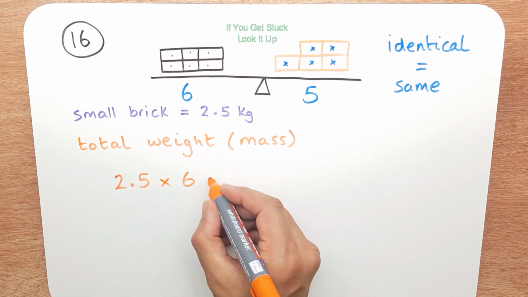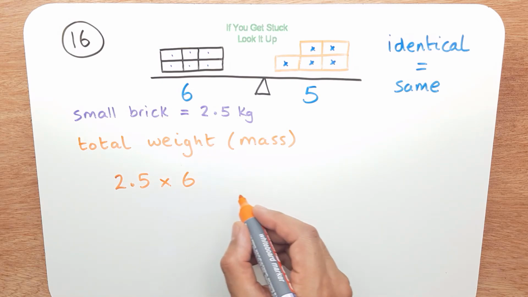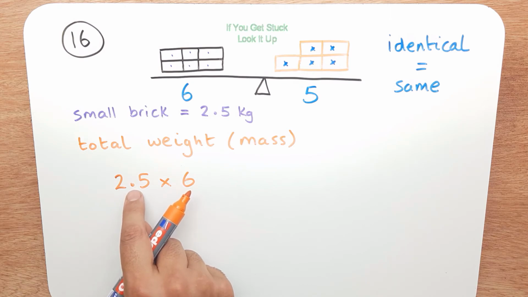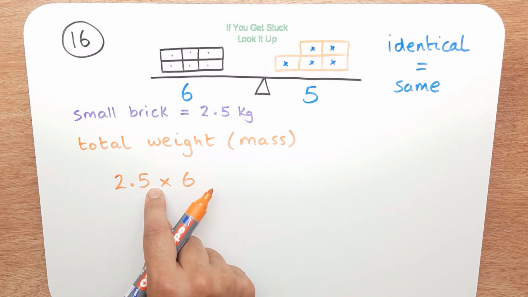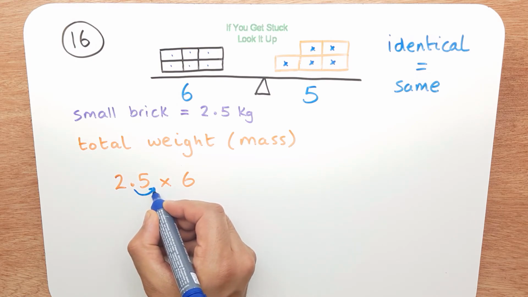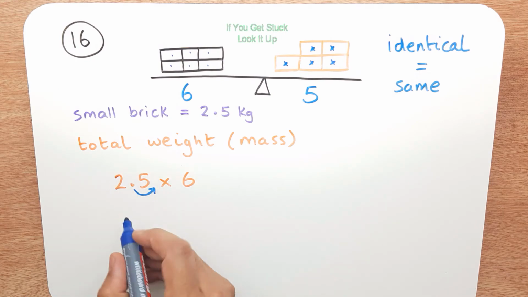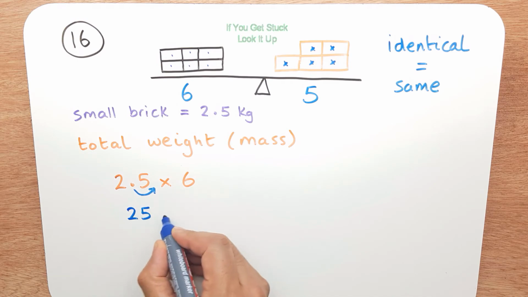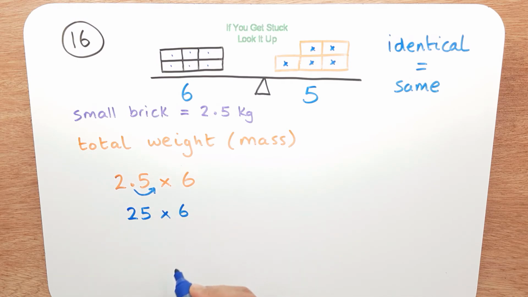So I'm going to do it this way. I prefer to do it this way. I'm going to move this decimal point to the right 1 place. So this number here becomes 25 times 6.